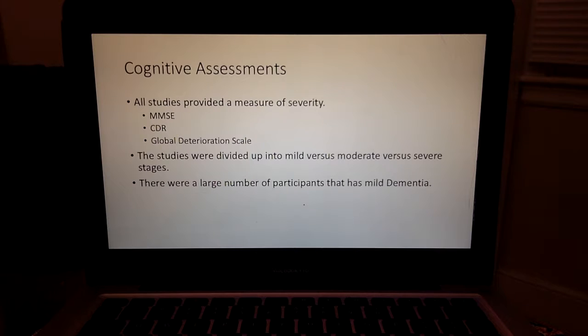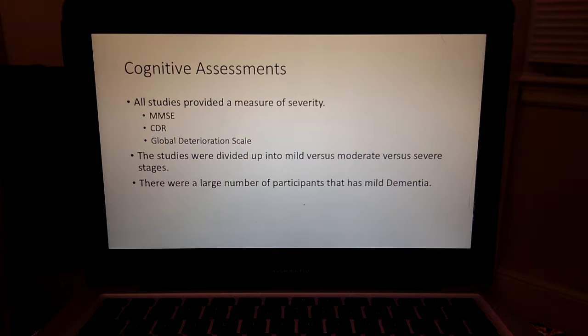And so, for example, in this study, there were a lot of cognitive assessments done, and all studies provided a measure of severity of the dementia or Alzheimer's. The Mini Mental State Examination was one of them, which I'll be talking about in just a sec. And then there was the Clinical Dementia Rating, a 5-point scale used to characterize 6 domains of cognitive and functional performance.